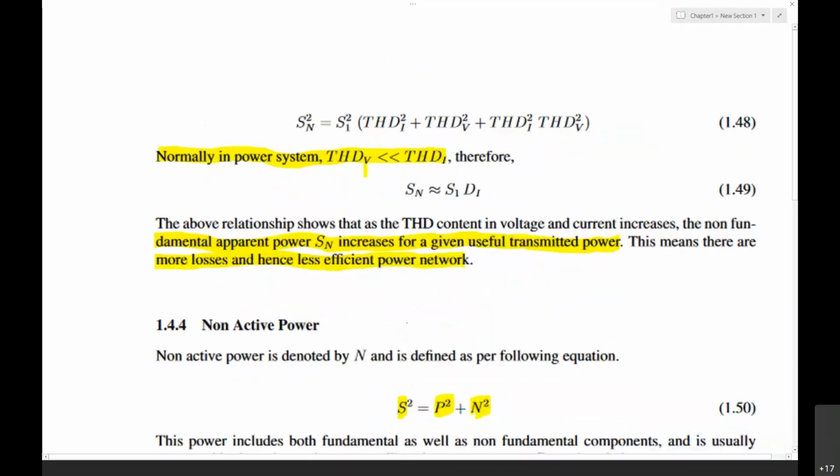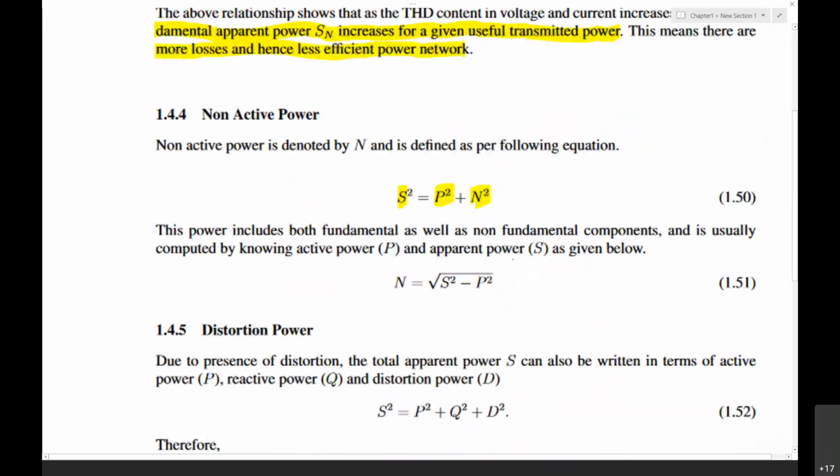Here this power, the real power, which is V1 I1 cos phi 1 plus V2 I2 cos phi 2 plus so on, are all the useful powers, all related to the active power.